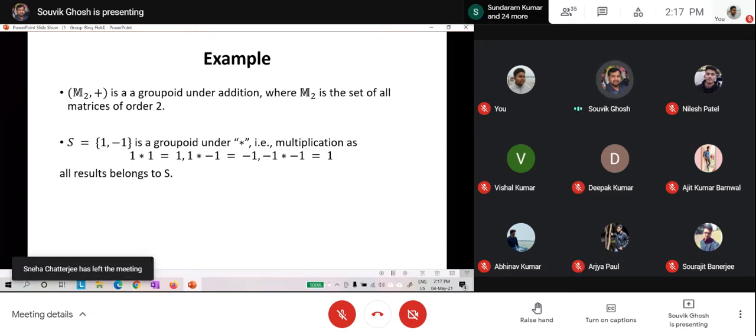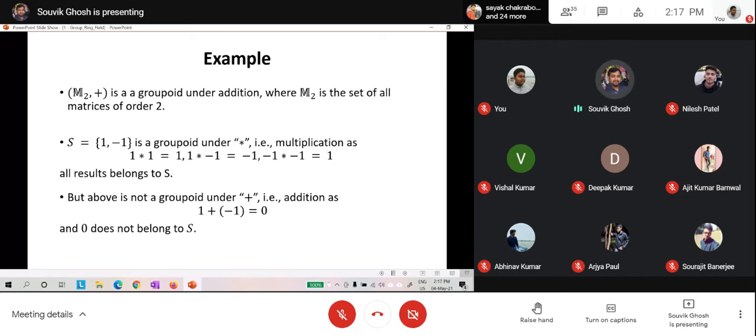You can check only 1 and -1, which gives you 0, which does not belong to this set. You can do it with 1 plus 1 also, or -1 plus -1. So the above set is not a groupoid under addition, because 1 plus -1 gives you 0 back. And 0 doesn't belong to this set S. Since it doesn't belong to S, this is not a groupoid.